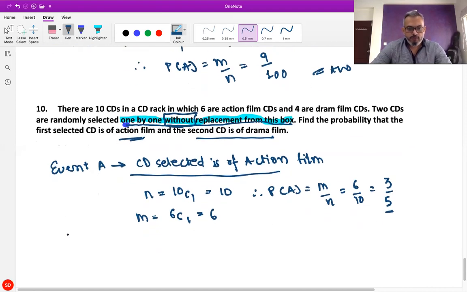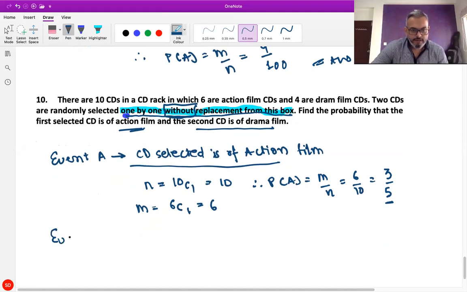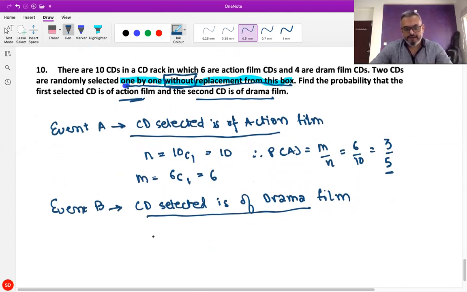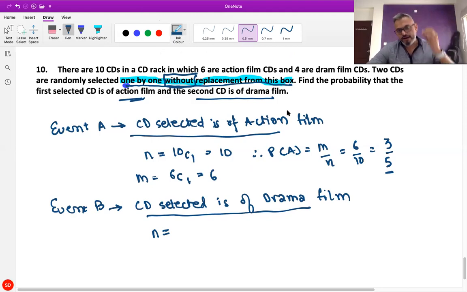Now we go to event B. CD selected is of drama film. Now the second CD what we are selecting, तो यहाँ पे n क्या हो जाएगा, अब हम 10 में से एक सिलेक्ट हमने ऑलरेडी कर दिया, उसको साइड में रख दिया, तो अब हमारे पास रह गई कितनी CD, 9.